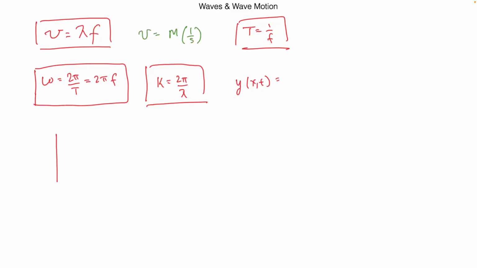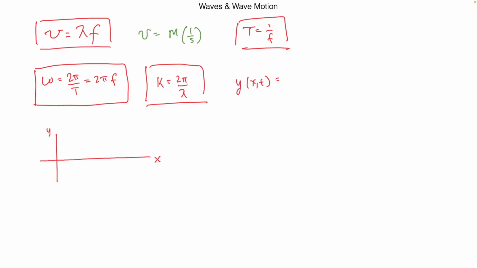We describe waves on an XY axis. Like I told you, it's a snapshot in time. You notice how time is not on this axis?